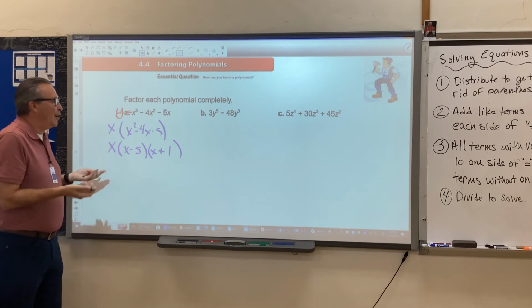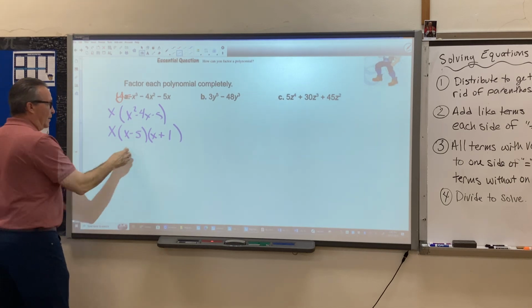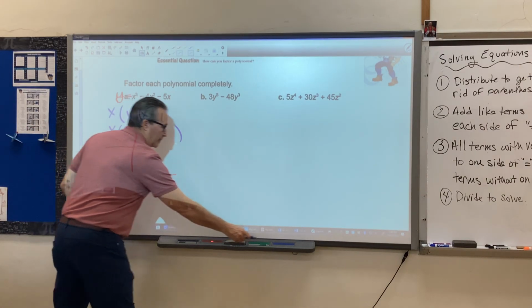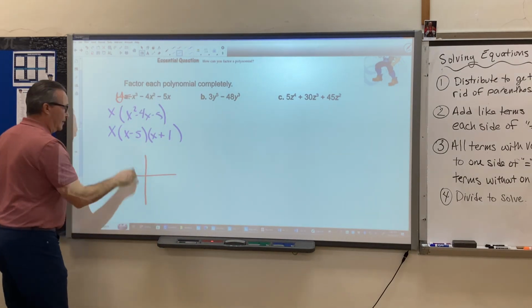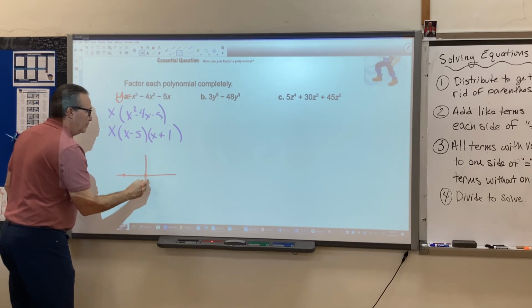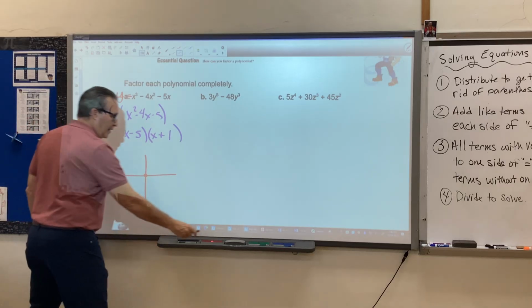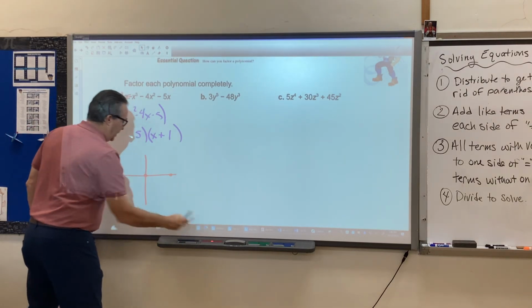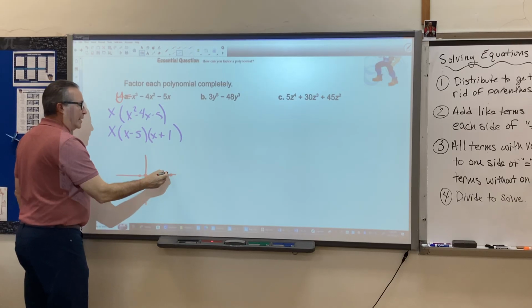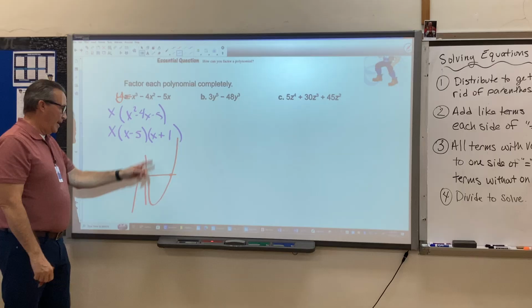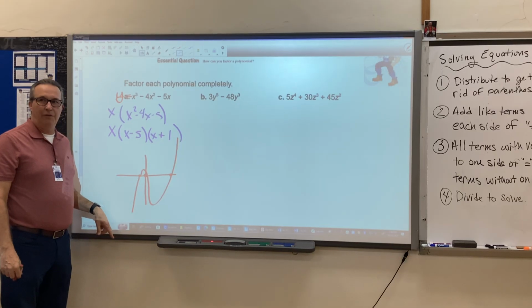So I could graph this right now, because I know the zeros of the polynomial are 0, negative 1, and positive 5. I know the right side goes up and the left side goes down. If you connect all those points with a smooth curve, that's what it looks like.